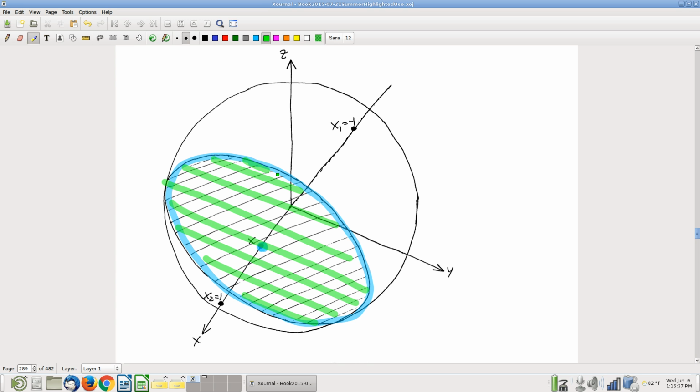Here's an artistic observation, by the way. How do I know how to draw, which way do I orient, the slices on this picture? Are they like that, or are they like this? Well, appeal to your geometric intuition. If you take a vertical slice perpendicular to the x-axis, and then of that x slice you take a z slice, I appeal to your intuition that those corresponding little twigs are parallel to the y-axis.